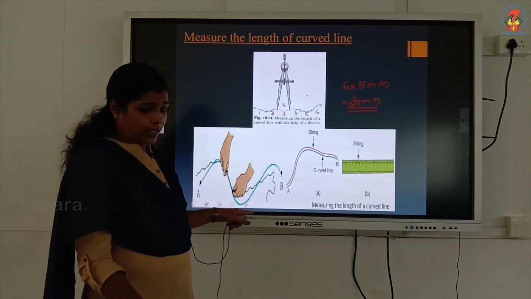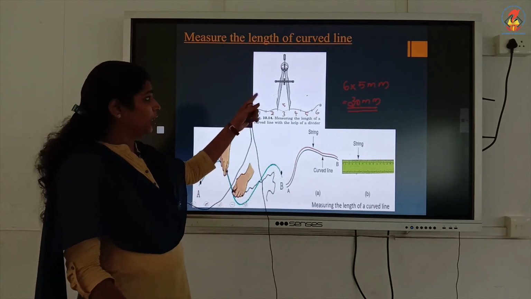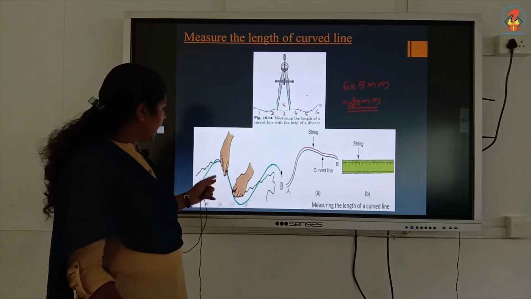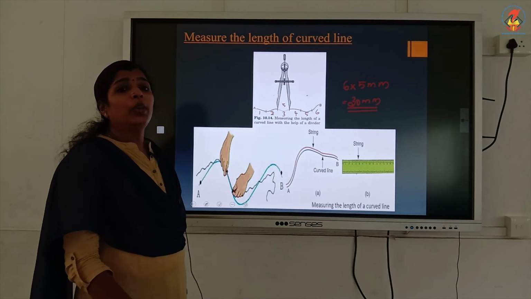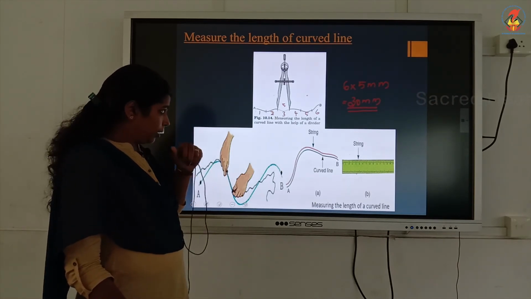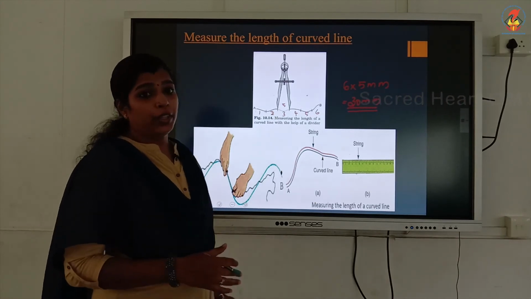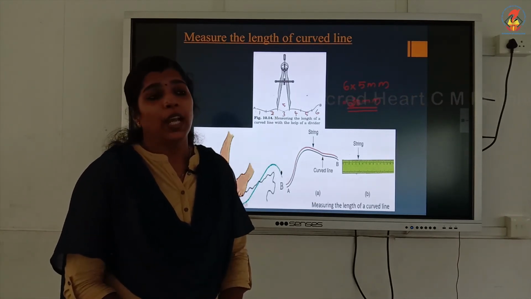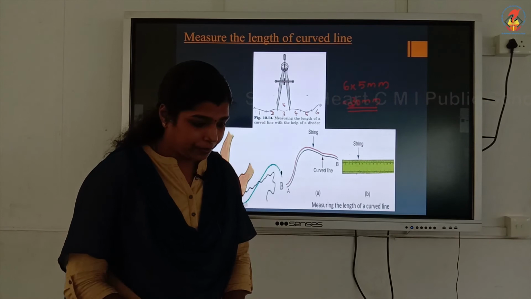Another method is there. This method is not given in your textbook. It uses a string or a thread, with which we can measure the length of a curved line.